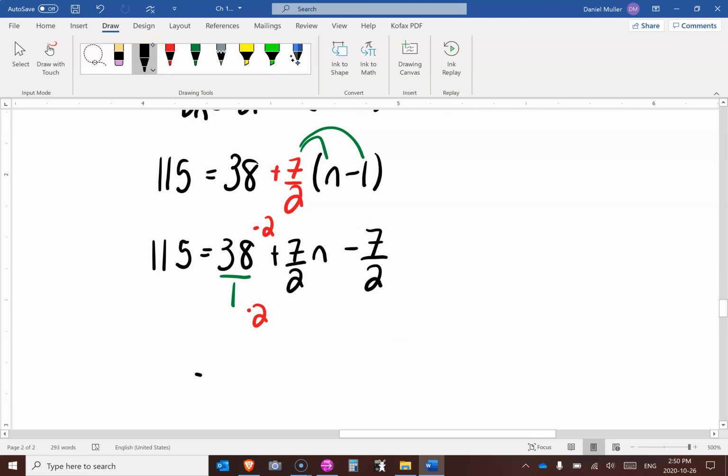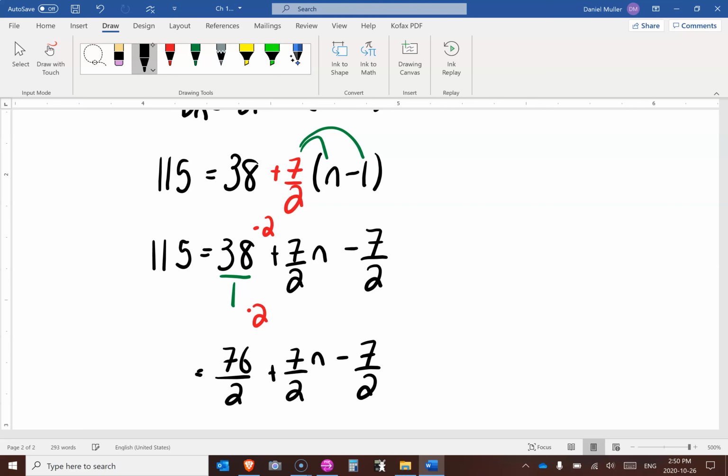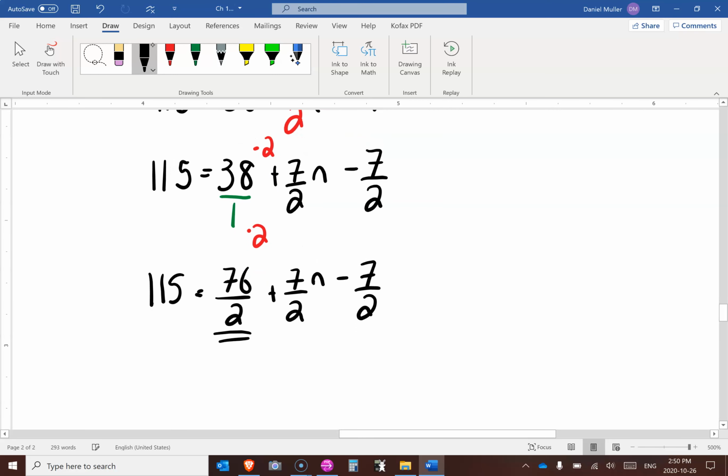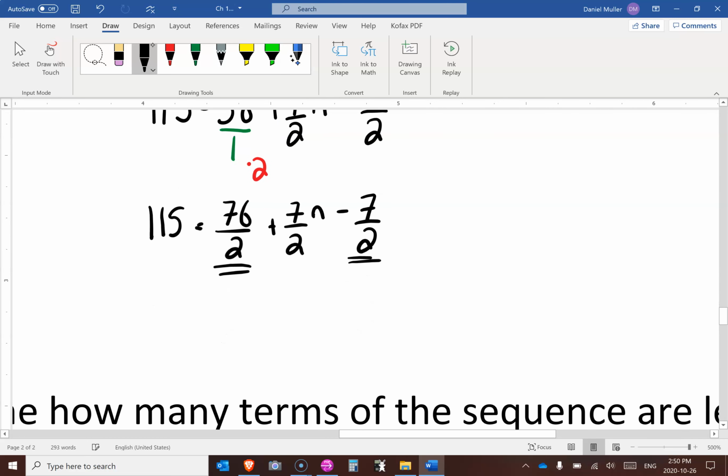So this is going to be 76 over 2 plus 7 over 2n minus 7 over 2, and the whole thing is equal to 115. So these things are alike: 76 minus 7 is 69 over 2 plus 7 over 2n.